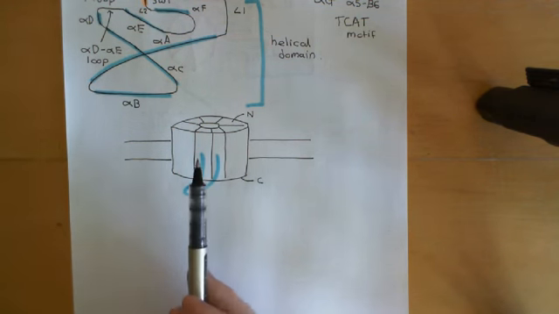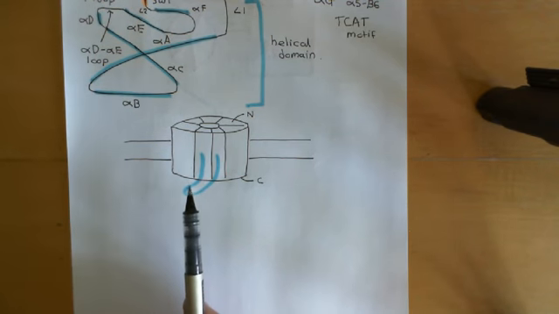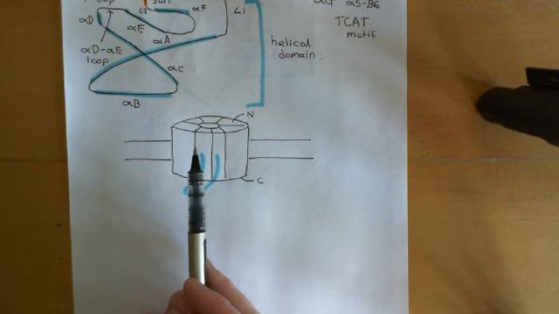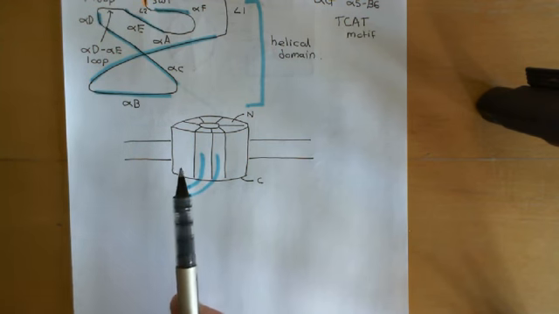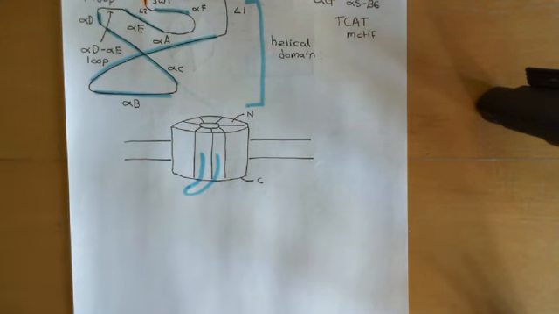Specifically, the C-terminal tail of the alpha subunit is going to insert itself into this crevice and interact with that arginine on helix number 3 at position number 50. Remember, that breaks that salt bridge.